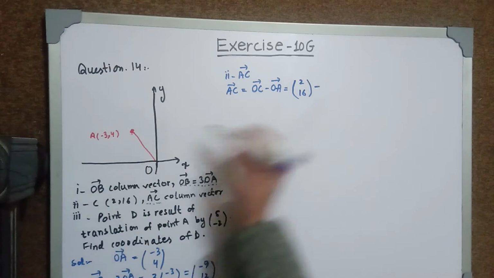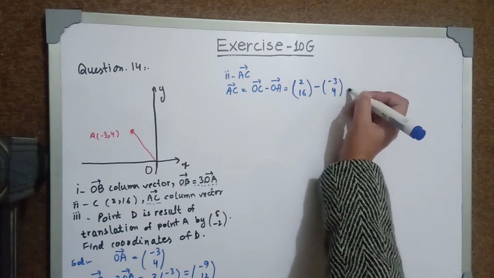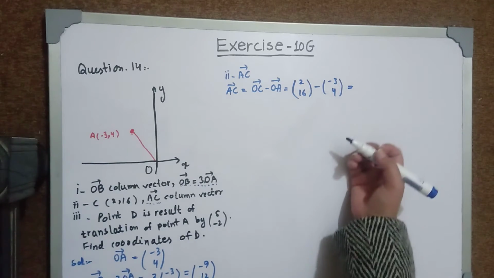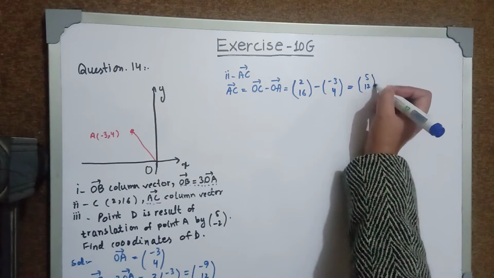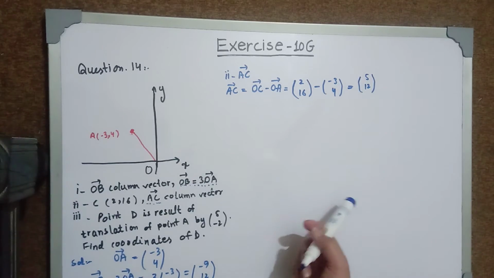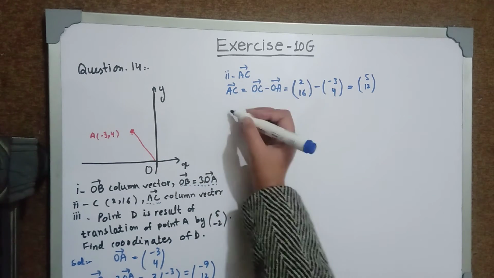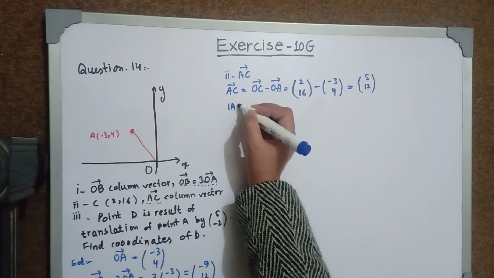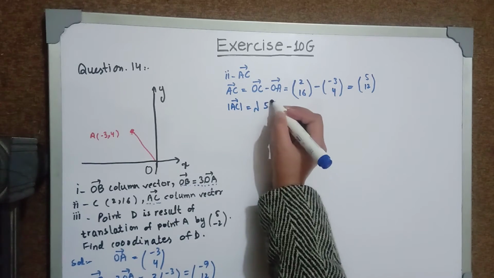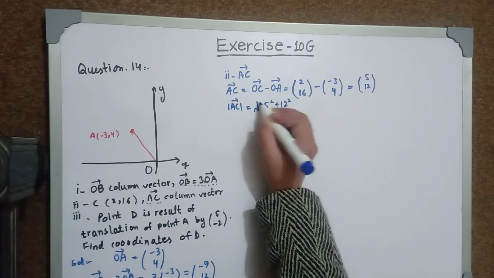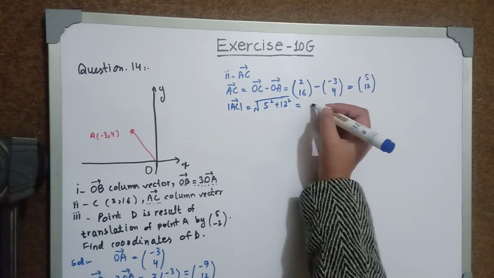Minus OA, which is (-3, 4), and on simplifying you will get (5, 12), and we got the AC column vector. They've also asked you to find the magnitude of this column vector, which you can very easily find by applying the formula. That would be the square root of 5 squared plus 12 squared, and on solving it you will get 13 units.